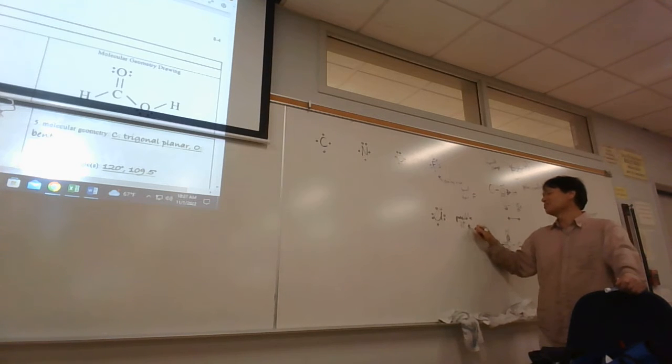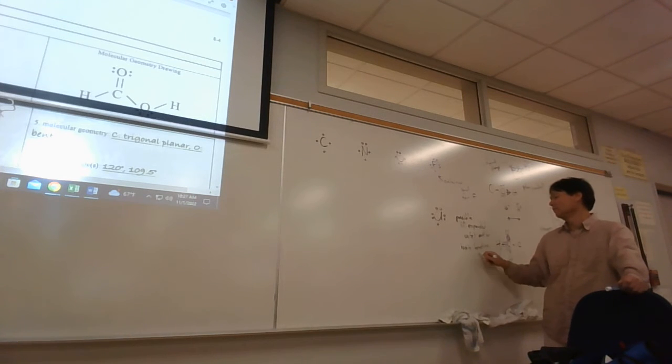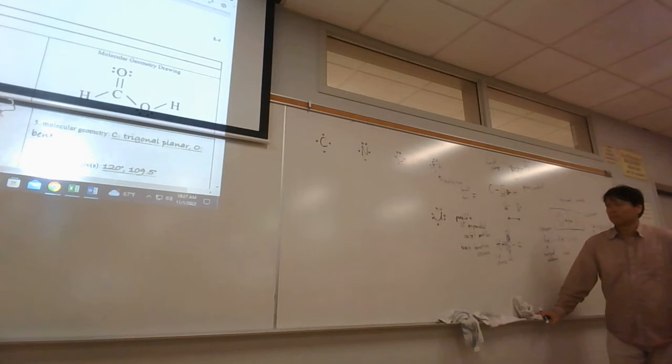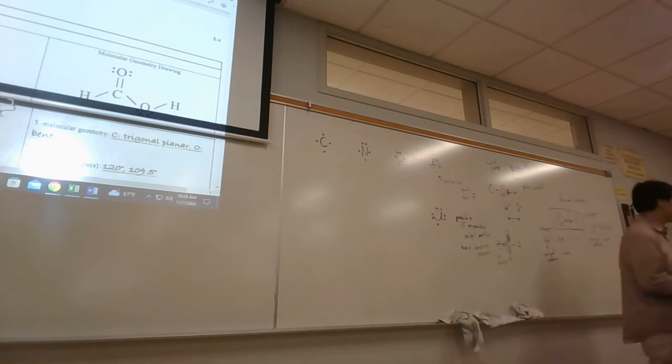If expanded octet, or as you'll learn in Chem 1A, there's some ionic bonding that occurs. When we have ionic bonds, then it's a positive and negative attraction.